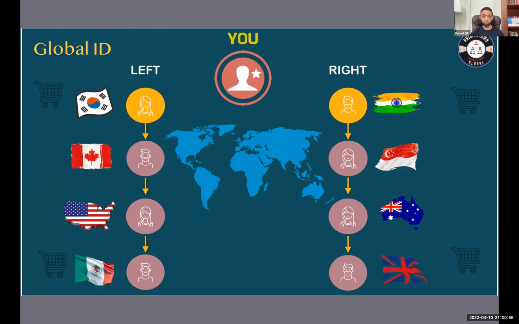With one global ID, we can do this business anywhere. You could have somebody from Korea, Canada, US, Mexico, Australia, Turkey, India, you could have people from anywhere, and again, at an unlimited level. That's a really unique thing about the business that we can do with ATOMY.